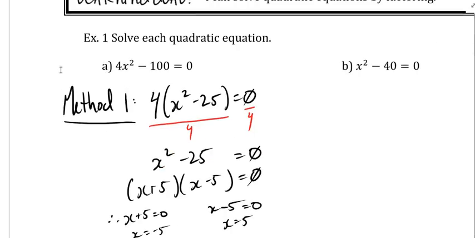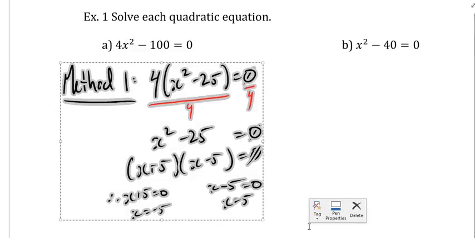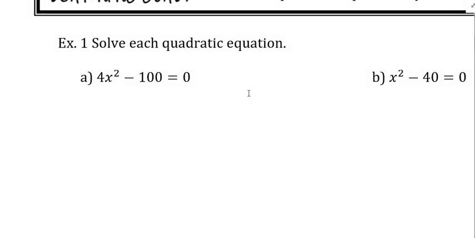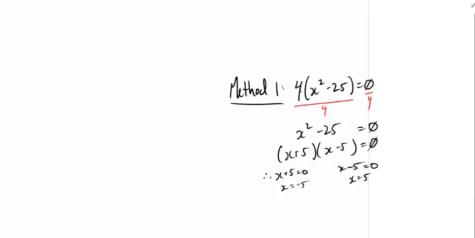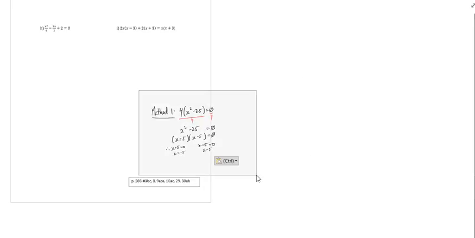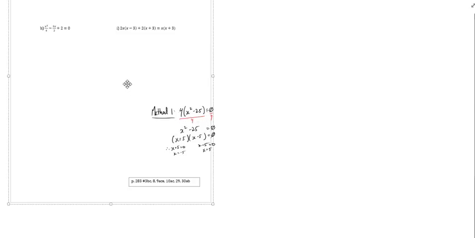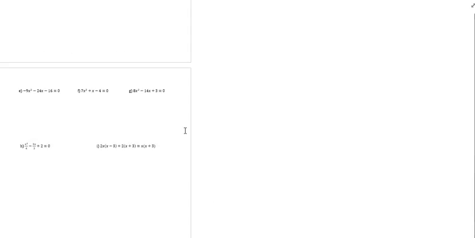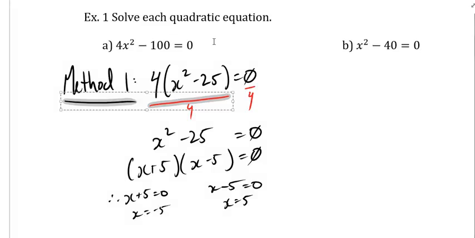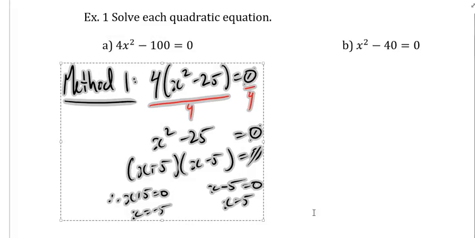Any questions about method 1? We're good? Oops. Sorry, I'm trying to make this look nice and it's not working. Oy. All right, there we go.